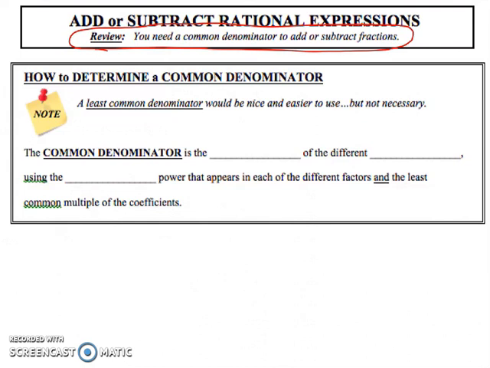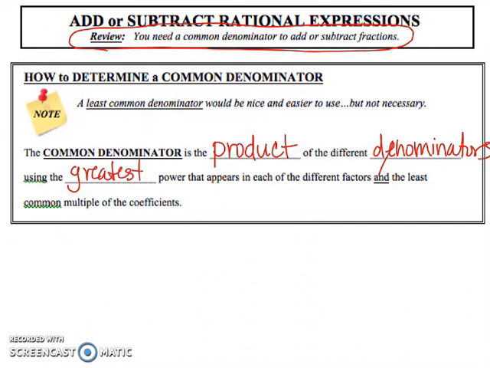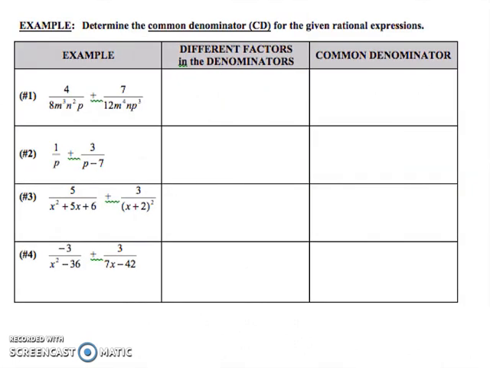The common denominator is going to be the product of the different denominators, using the greatest power that appears in each of the different factors and the least common multiple of the coefficients. So let's talk a little bit about that, okay? We're not actually going to do the addition here. We're just trying to determine if we were going to add these together, what would our common denominator be, okay?